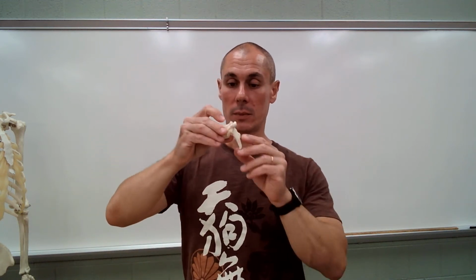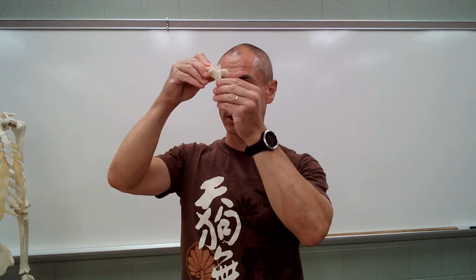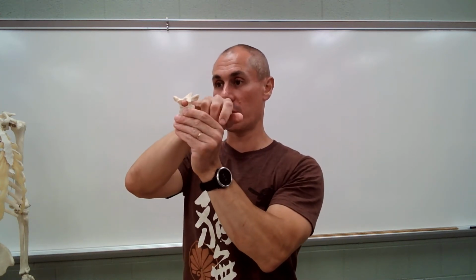Instead, dens serves as the body of the first cervical vertebrae. Thoracic vertebra. Body is bigger. No transverse foramina. You do have spinous process pointed down. Vertebral foramen is circular, and transverse processes are very, very pronounced.